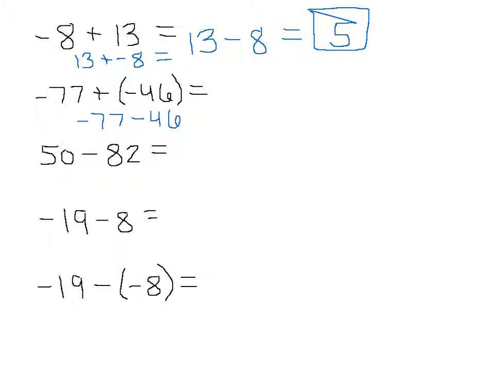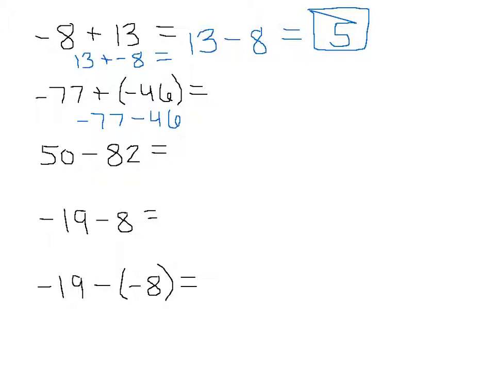So here's what you can do. Notice how the 77 is a negative because there's a negative in front, and the 46 is a negative, so we have a negative in front. In your calculator, you can type in 77 positive plus 46. Your answer will be the same number, except it'll be a negative.